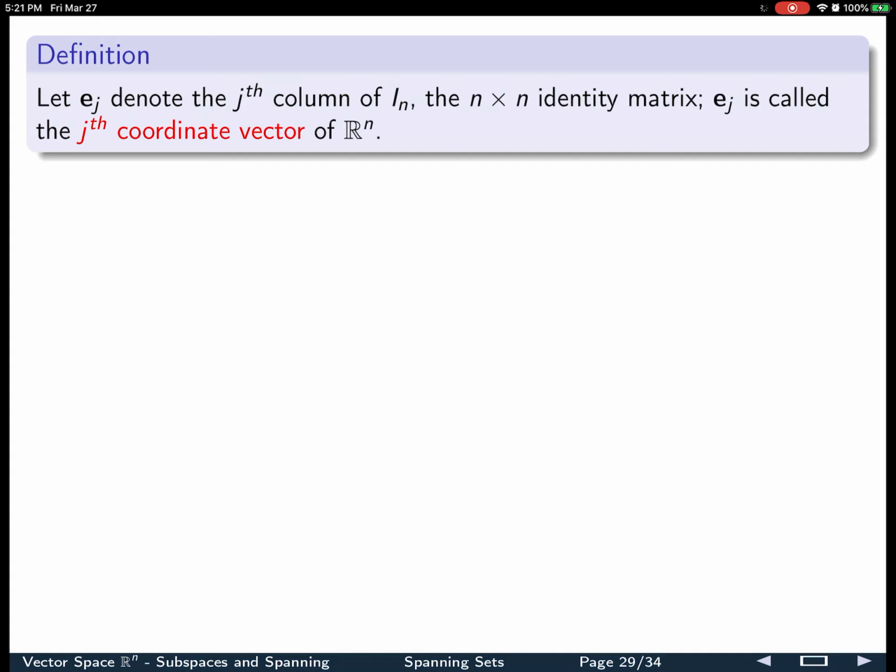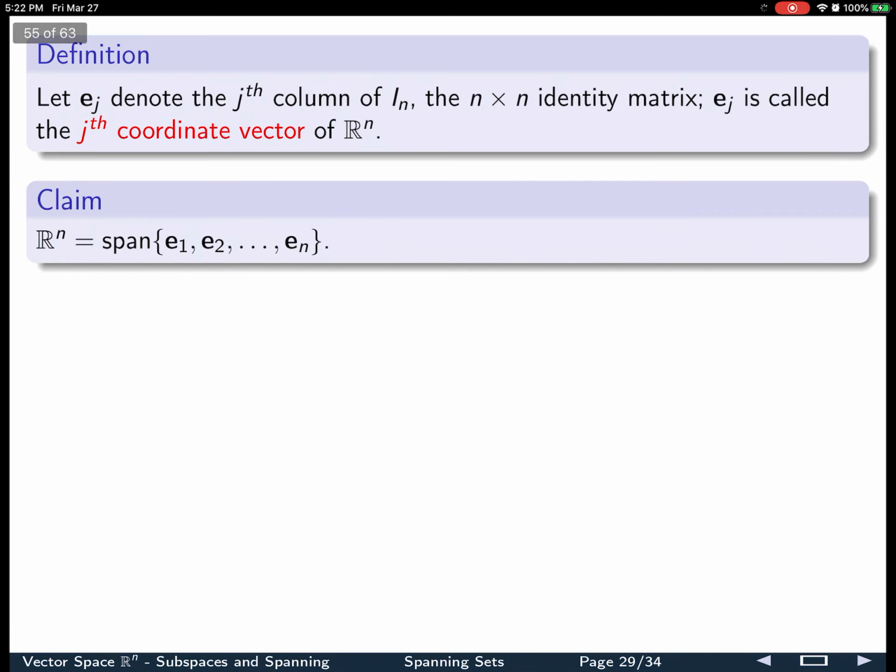This again is just telling you that in our book we use e to the j to denote the jth coordinate vector of Rn, which is like the jth standard basis vector. So in 3 dimensions, that's i hat, j hat, and k hat.